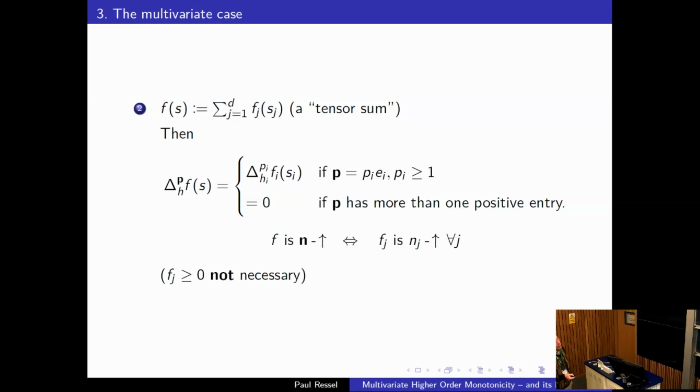So if there's only one positive component in p, and it is 0 if p has more than one positive entry, because then simply everything vanishes. And so we can also here say, without any restriction, f is n-increasing if and only if each f_j is n_j-increasing.